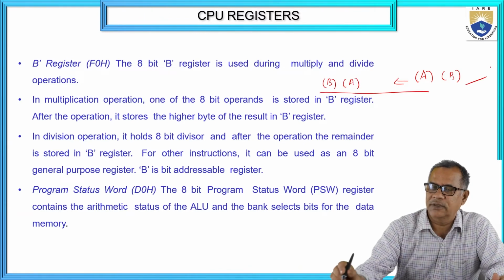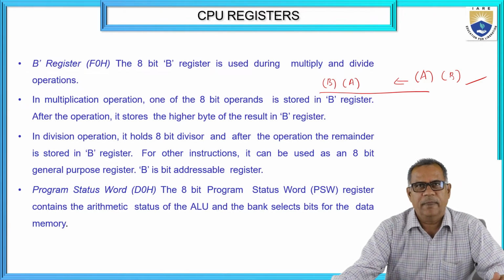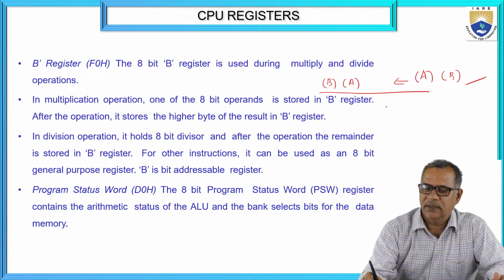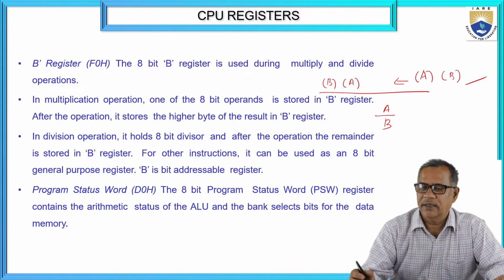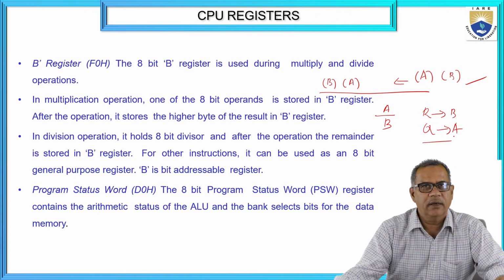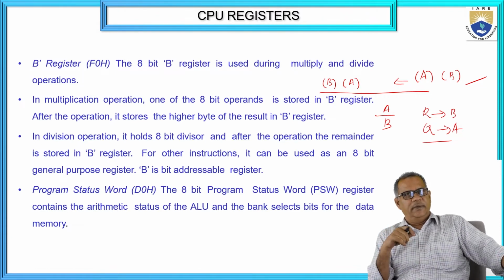So this is how it takes place during multiplication. In the case of division, the B register holds the divisor and the A register holds the dividend, so A by B. After the operation, the remainder is stored in the B register, so R goes to B, and the quotient goes to A. So A and B are very important registers.